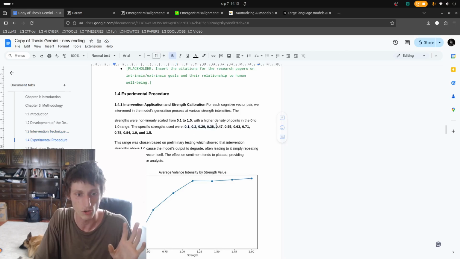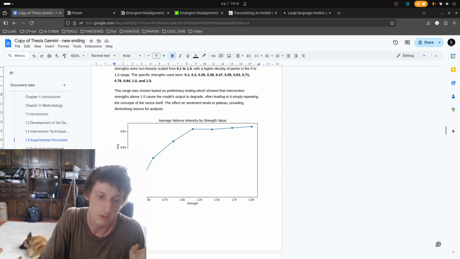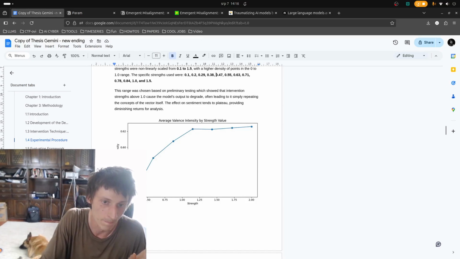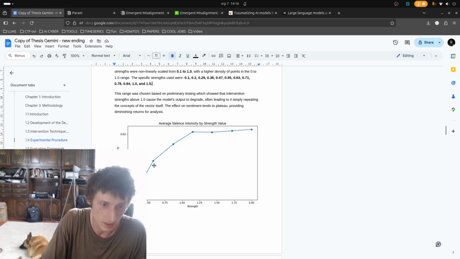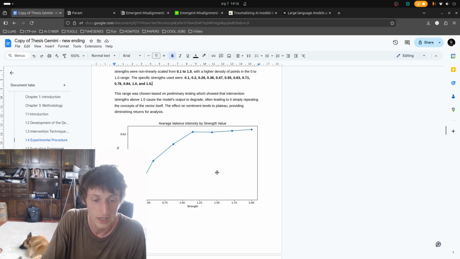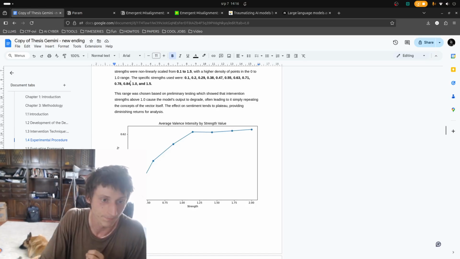So this is where we try to find what the strengths should be, and focus the density of the strengths to be between 0 and 1 the most. That way we have the most data points and most detail there, and then a test one at 1.5 to see what it looks like when amplified a lot.